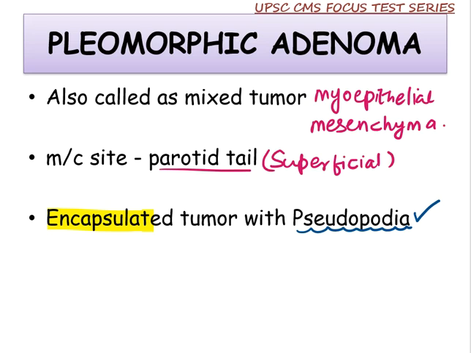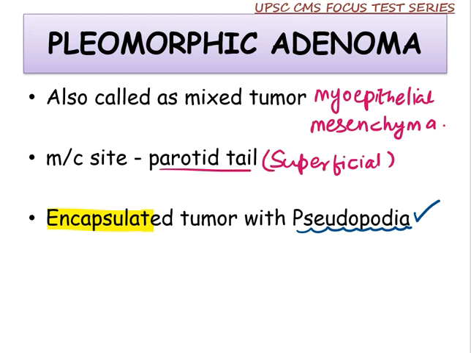So what happens is that you cannot do a complete enucleation of this tumor, and if you try to do an enucleation of the tumor, it won't be completely removed, so there is a high chance of recurrence. This is for this particular reason, pleomorphic adenoma should never be enucleated. The only possibility is removal of the involved portion of the parotid gland, which is what we call as superficial parotidectomy.